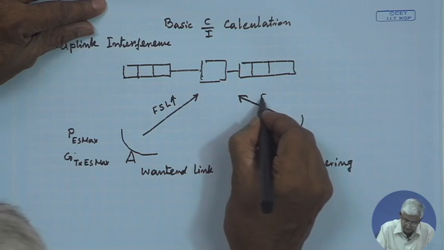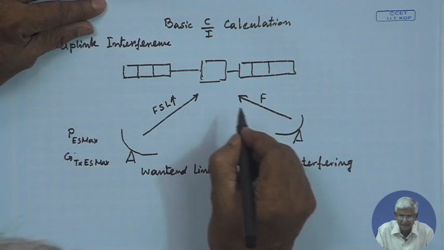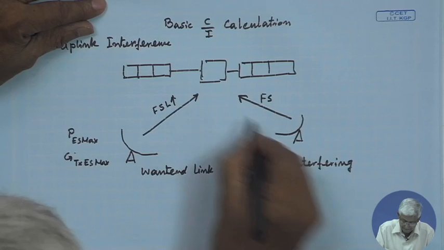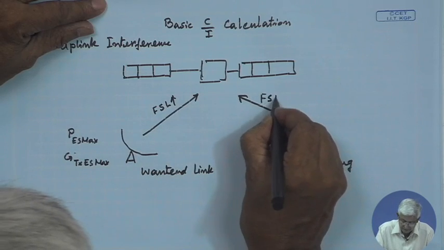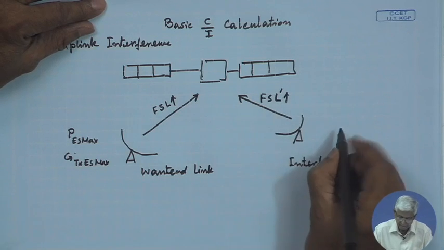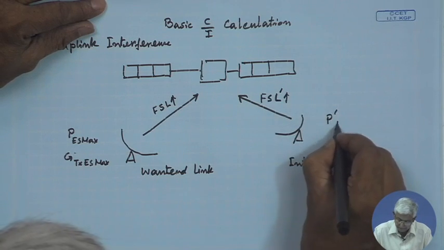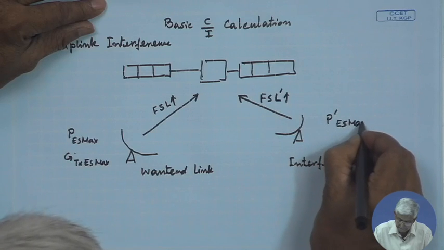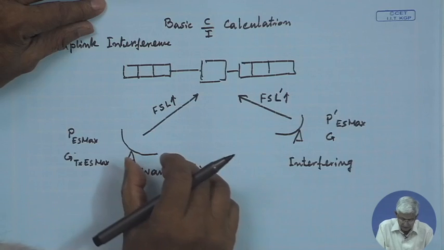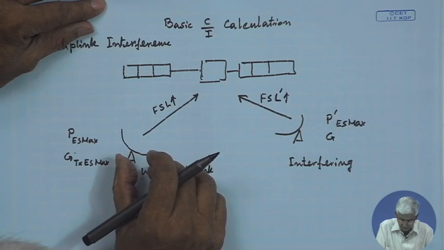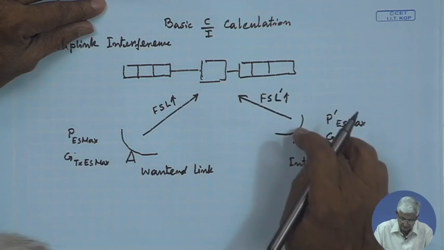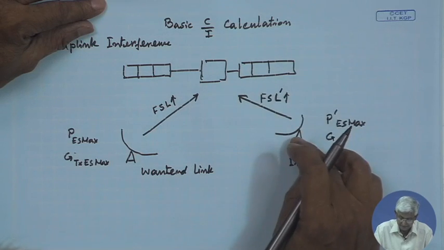So, it has the same frequency of operation, same bandwidth, it is interfering. So, free space loss will be more or less same, but depending on the range it will vary. So, interfering station let us call by prime, FSL prime uplink. So, this power P prime of the station maximum, and G. Now, since it may not be co-located, it may be slightly away, it is actually working with another station, another satellite which is the wanted satellite for this station.